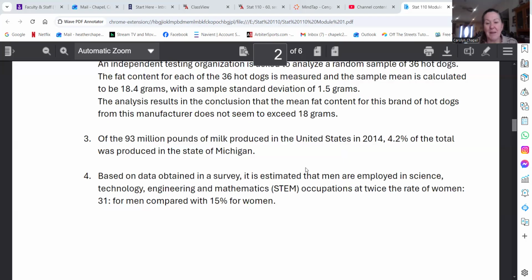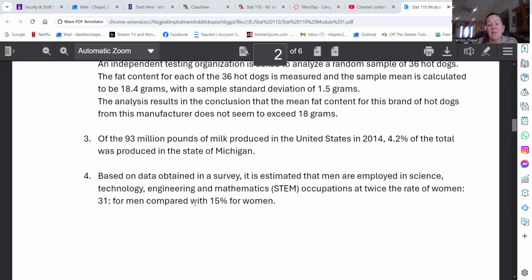So estimating means they are doing an inferential type of situation because they are, again, taking their little sample and estimating it to all men and women, not just telling us that 31% of their sample and 15% of their sample were men and women. They then estimated it to say that about all men and women.